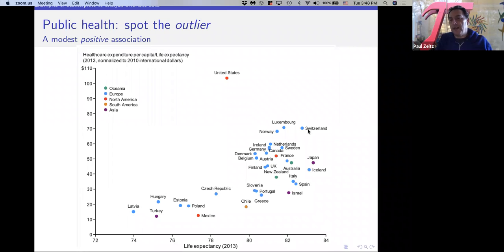Switzerland spends a lot and they live more. And everything looks pretty nice except for an outlier, which is the United States. You can see the United States spends more than anybody, but for some reason, the life expectancy yield is less good. Okay. So this is a good example of a public health scatter plot.